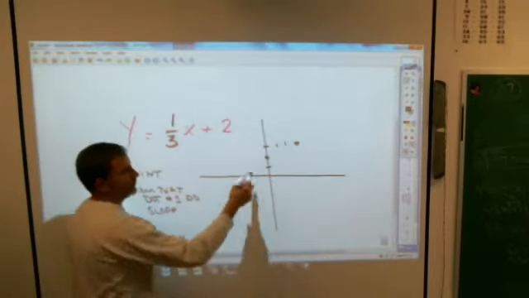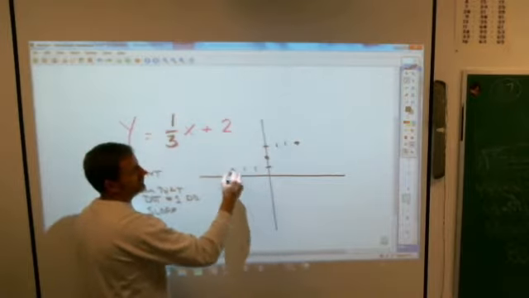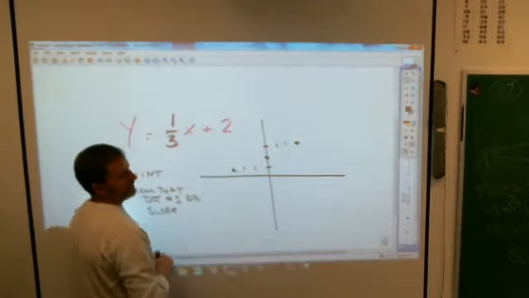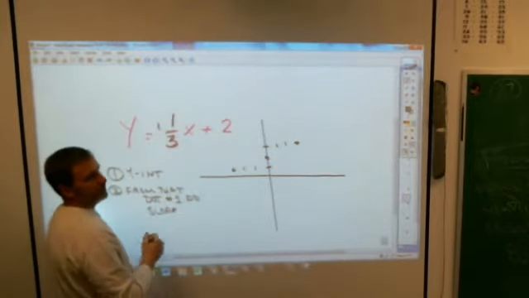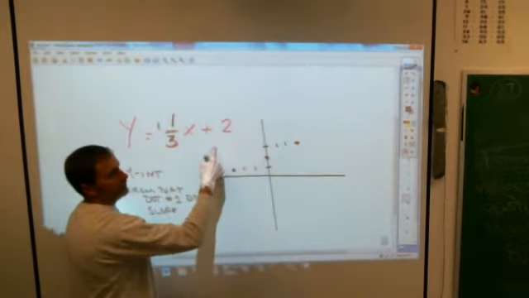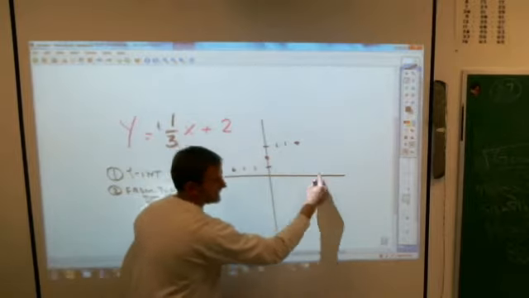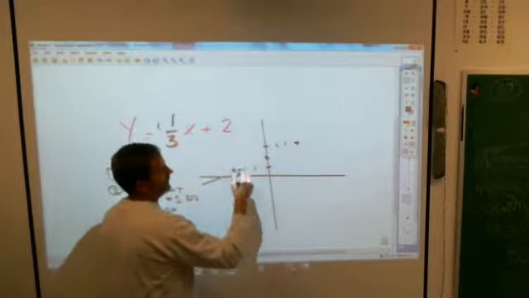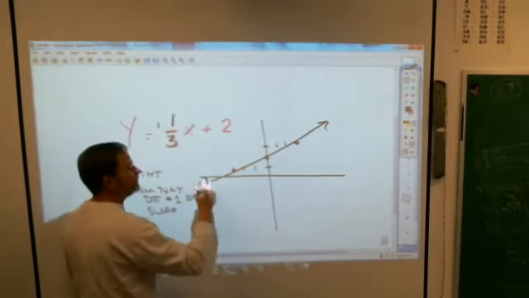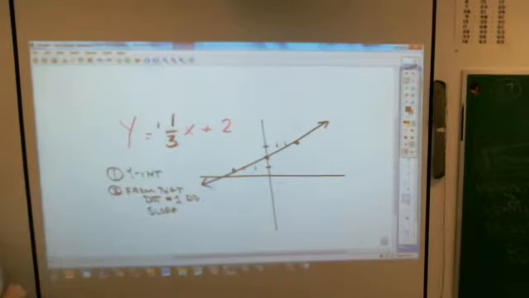Or you could go 1 down, 3 over. How do I know to go in this direction and not the other direction? Because it has to be a positive slope. If I went 1 up and 3 over this way, my line goes downhill, and that's negative slope. I have to make it fit the slope I'm given, and there is my line. No table needed. You can just zip down a couple points and bam, you have graphed it. That makes things a lot easier.